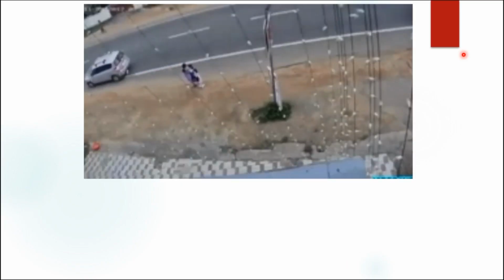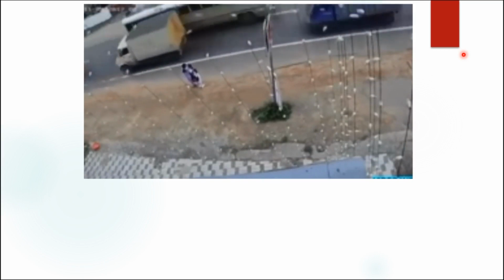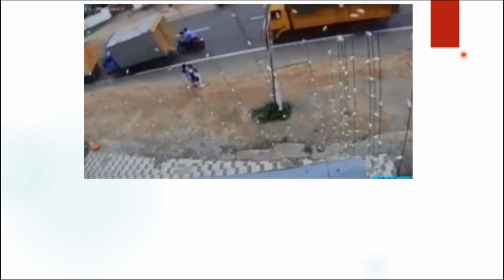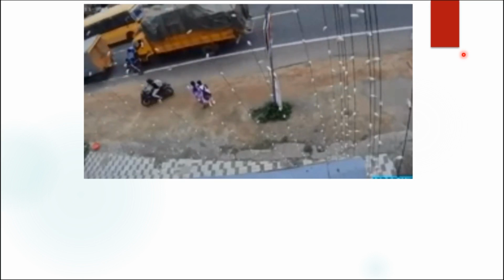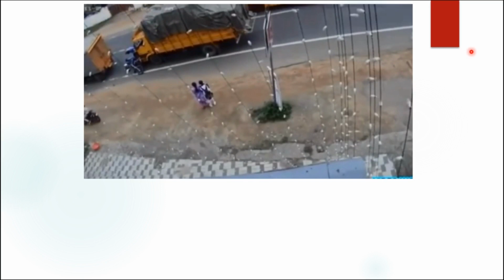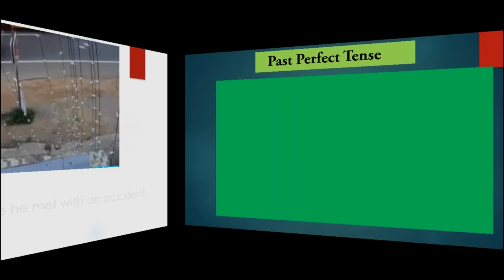Look at this. Somebody is standing and a car is going, a bike. Oh, what's happening? It's an accident. Really pathetic. But luckily, nothing happened to them, I think. So how can you express such incidents in your day-to-day life?